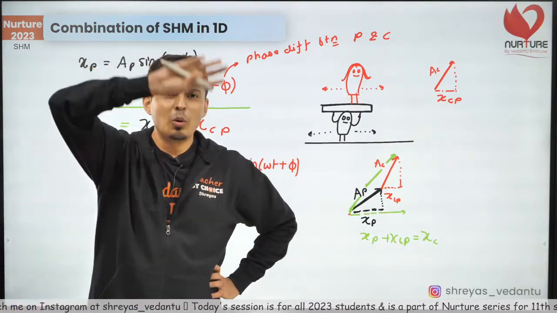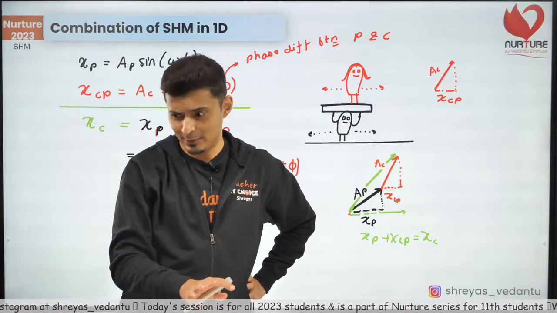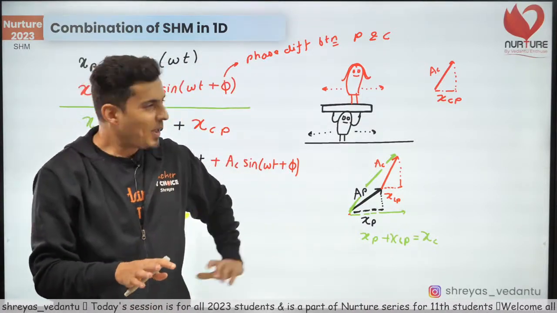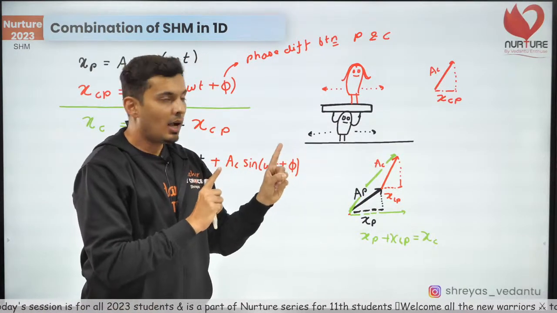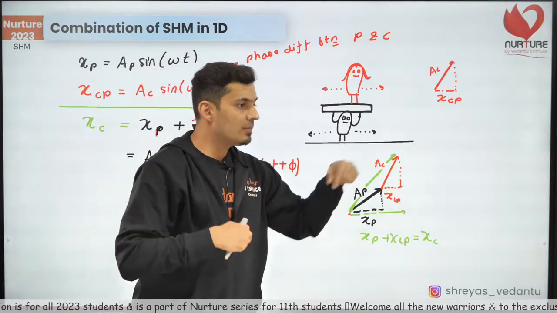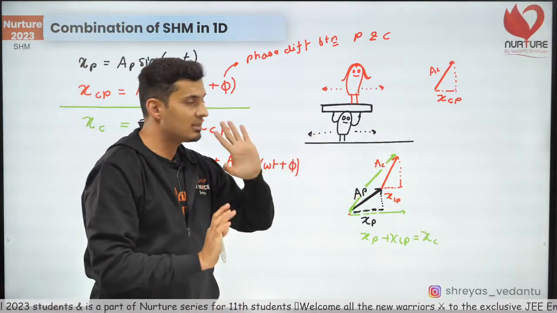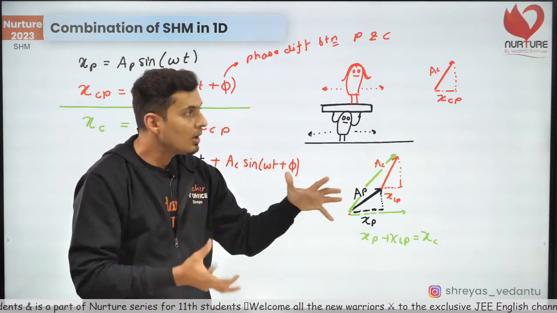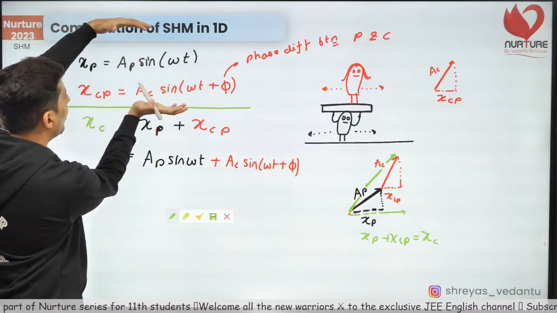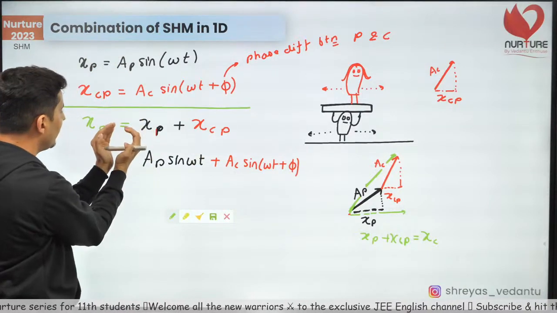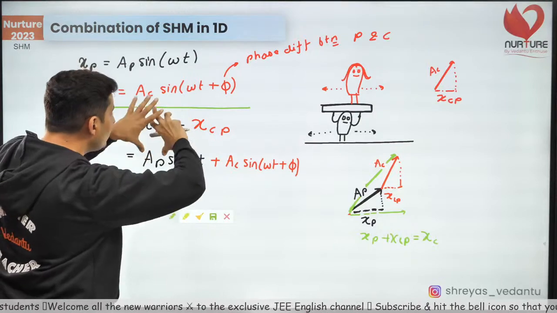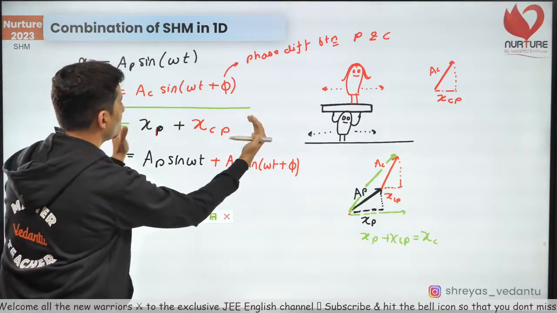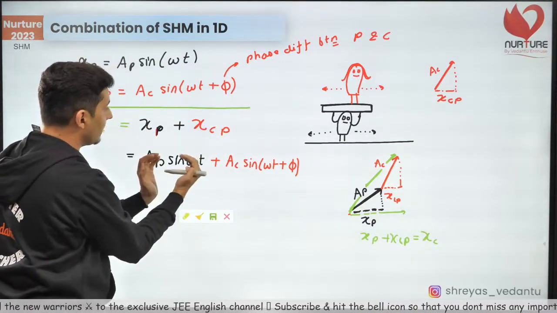So what is the whole idea of whatever we did now? The idea is you had two SHMs moving in 1D. This SHM is also doing whatever it wants, this SHM is also doing whatever it wants. When you combine both these SHMs together, I got a new term. I want to find the combination of two SHMs in 1D.